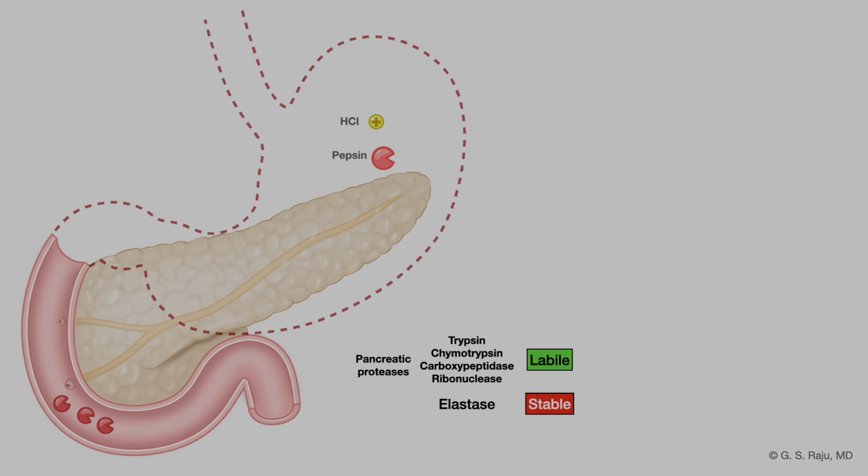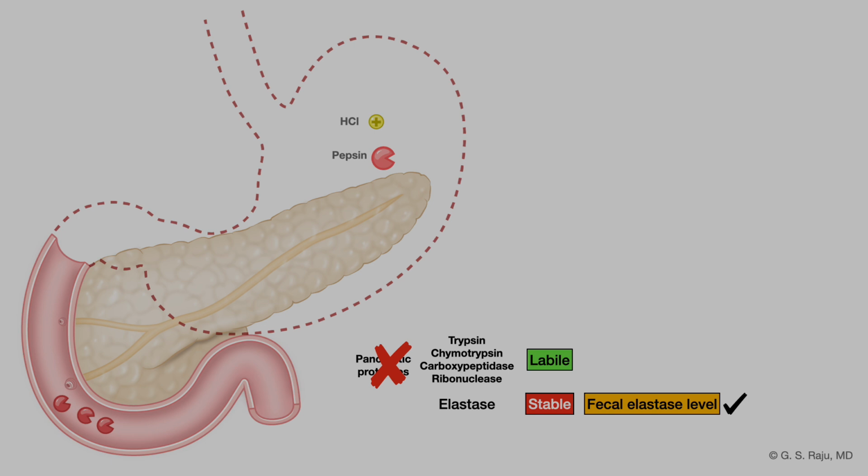That means you could measure elastase level in the stool, and this is what we use in the setting of pancreatic insufficiency by measuring fecal elastase to figure out whether there is exocrine pancreatic insufficiency or dysfunction. Depending upon how severe the level is or loss of secretion is, we define it as exocrine pancreatic dysfunction if there is no steatorrhea, and insufficiency if there is steatorrhea and fat-soluble vitamin deficiency.